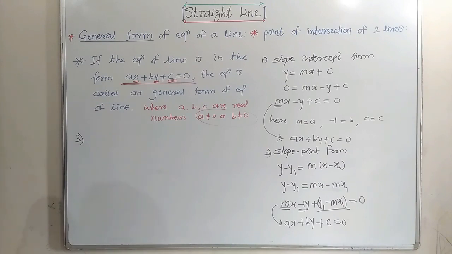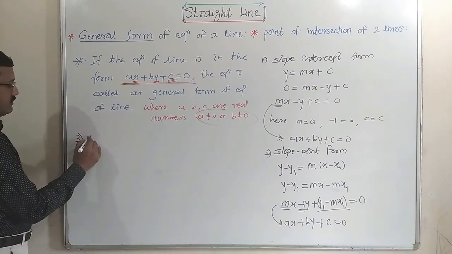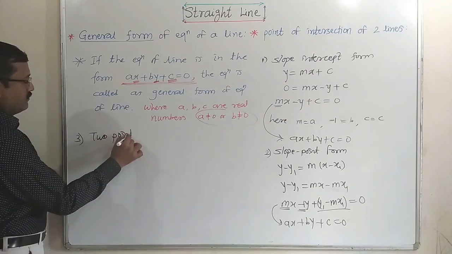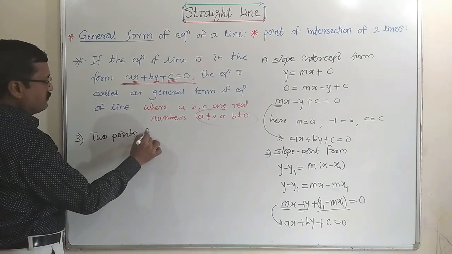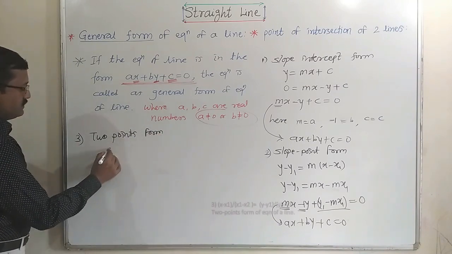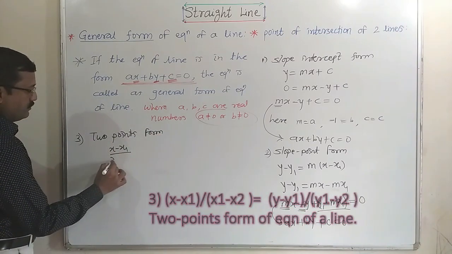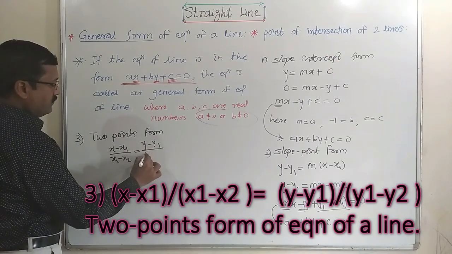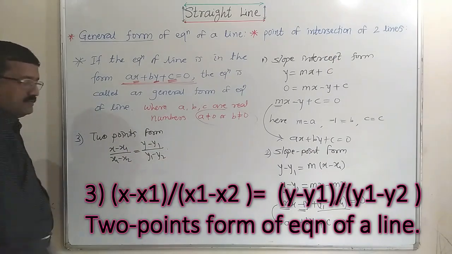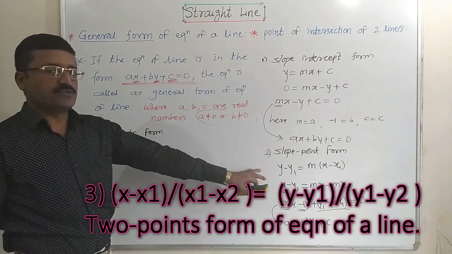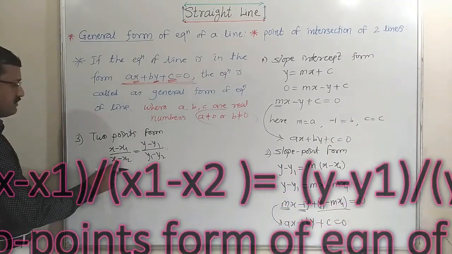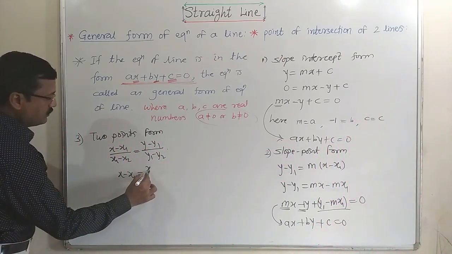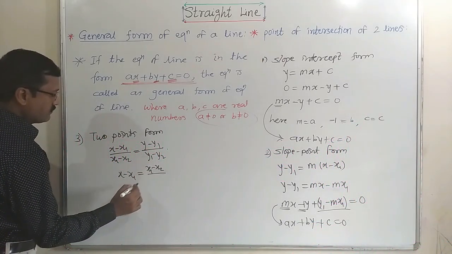Our third form is the two points equation, or two-point form. It is (x minus x1) upon (x1 minus x2) equal to (y minus y1) upon (y1 minus y2). It is very much similar to the slope point form, because if you take this x1 minus x2 to the right, this equation becomes x minus x1 equal to x1 minus x2.